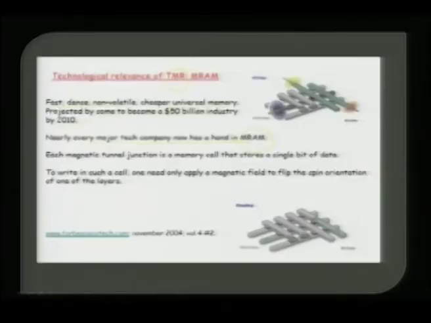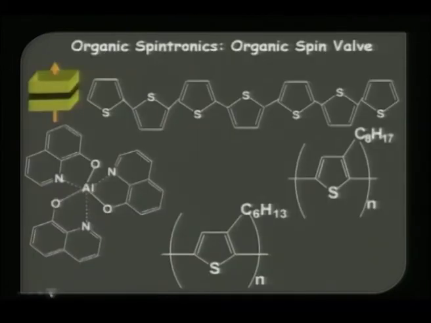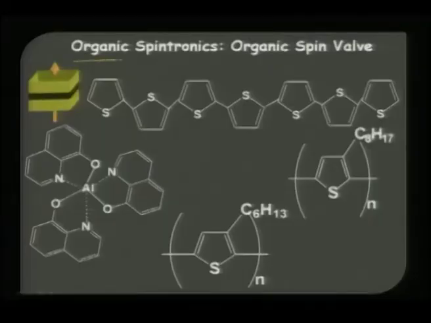Each magnetic tunnel junction is a memory cell that stores a single bit of data. To write in such a cell, one need only apply a magnetic field to flip the spin orientation of one of these layers. For tunneling magnetoresistance involving organic compounds, we call this organic spintronics, because several of these compounds can be used.